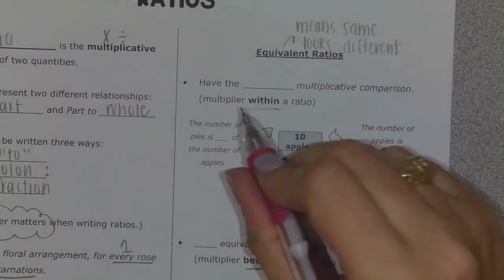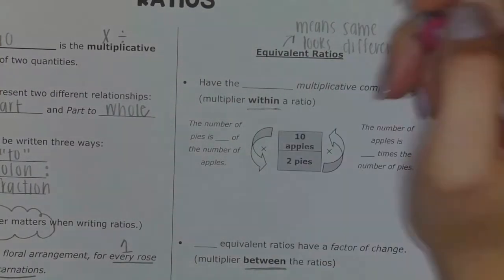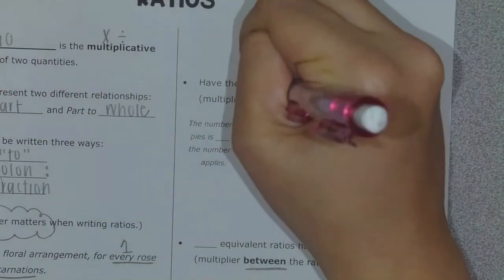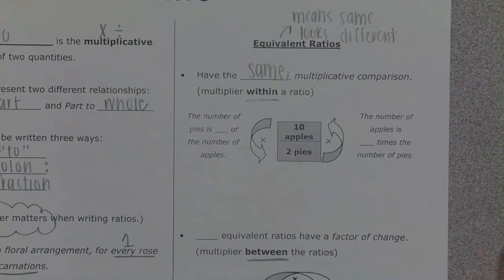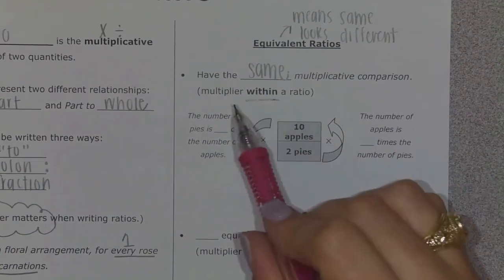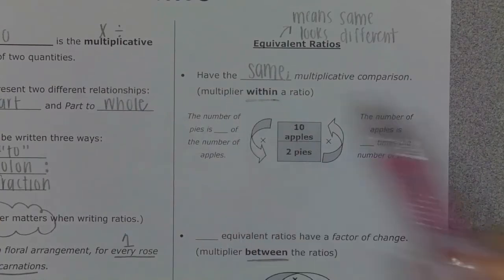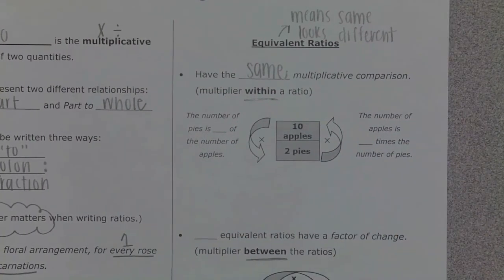So there are a few places and a few ways that we can solve for these equivalent ratios. The first one says that two equivalent ratios can have the same multiplicative comparison. Now, I'm going to use some really fancy words here. We're going to get the definitions done, and then I'm going to go back and make this a little bit simpler. So that means that we're looking for a multiplier within a ratio.